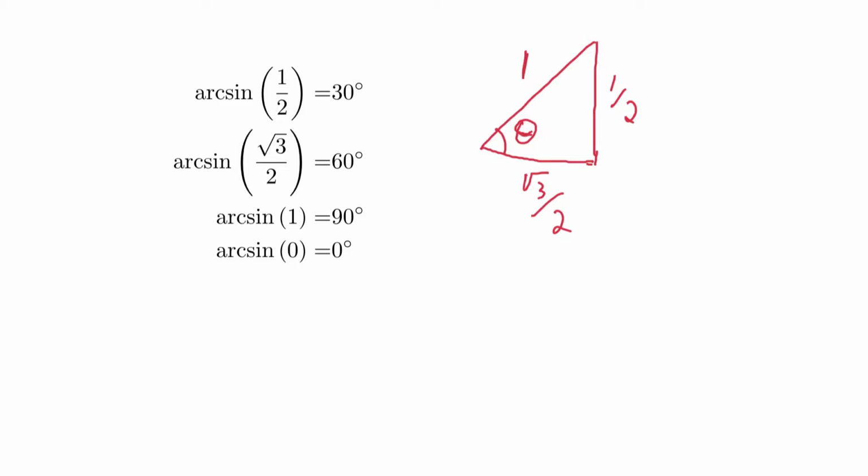If I have this picture for a triangle, computing arc sine of 1/2 is asking what is theta here? What angle will give me sine of that angle equals 1/2? And the answer is 30. So this is just equivalent to saying that sine of 30 degrees equals 1/2. It's just a way of rewriting it.